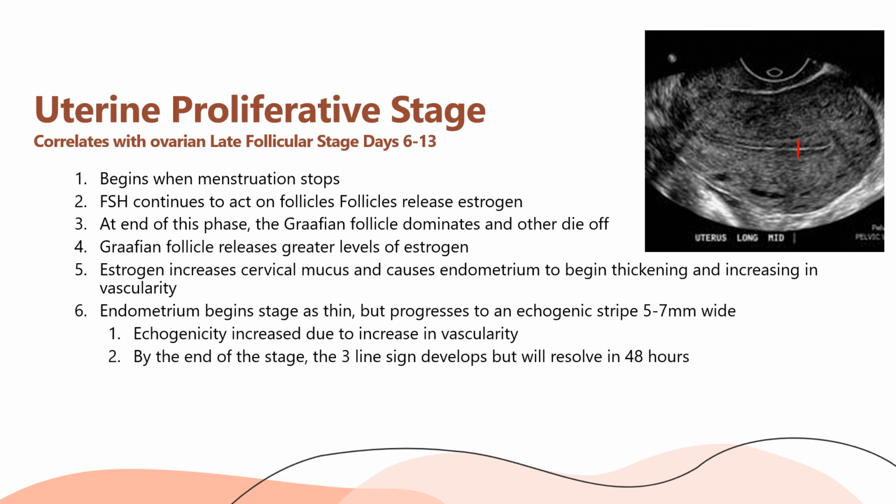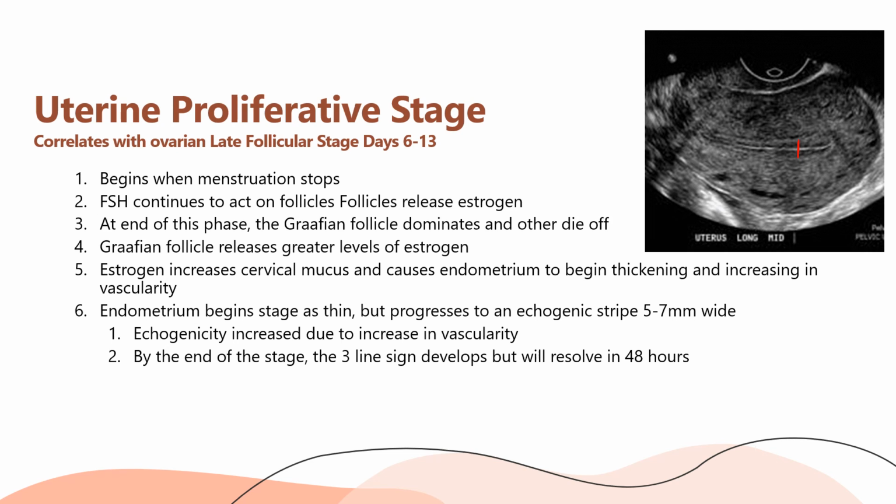The other thing that these higher levels of estrogen do during the proliferative phase is increase cervical mucus, and that cervical mucus is going to make it easier for sperm to get up into the endometrium to increase the probability of fertilization.